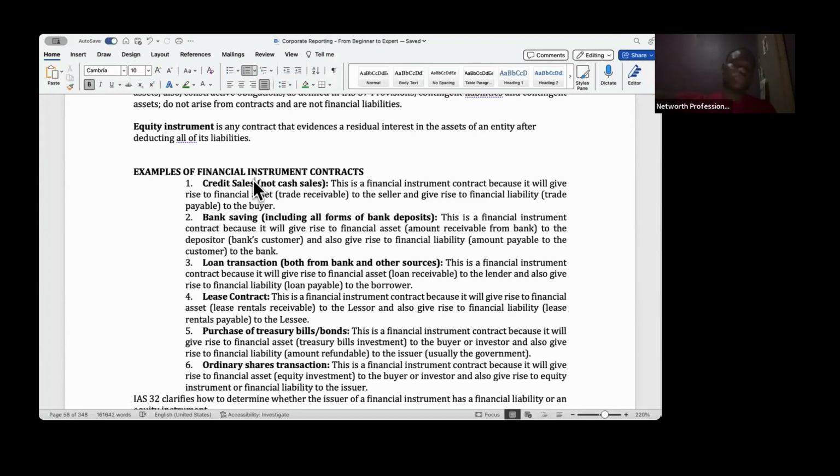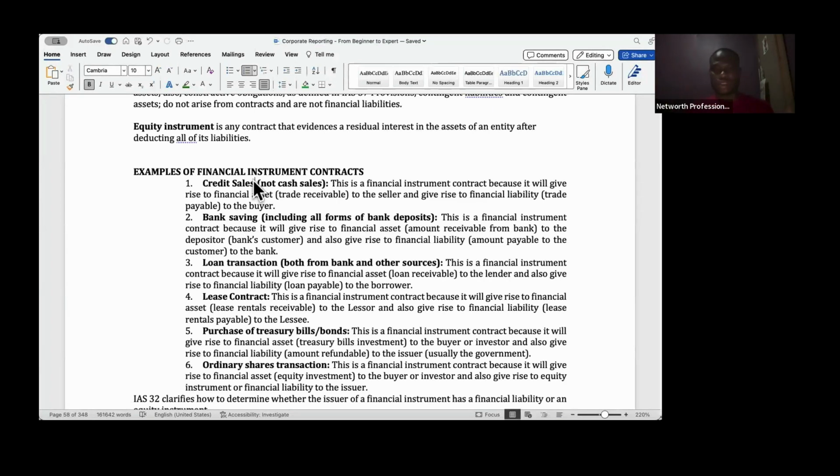That financial liability is trade payables, because the buyer has an obligation to deliver cash, while the seller has a contractual right to receive cash. So a credit sales transaction is a financial instrument contract because those two sides are present.